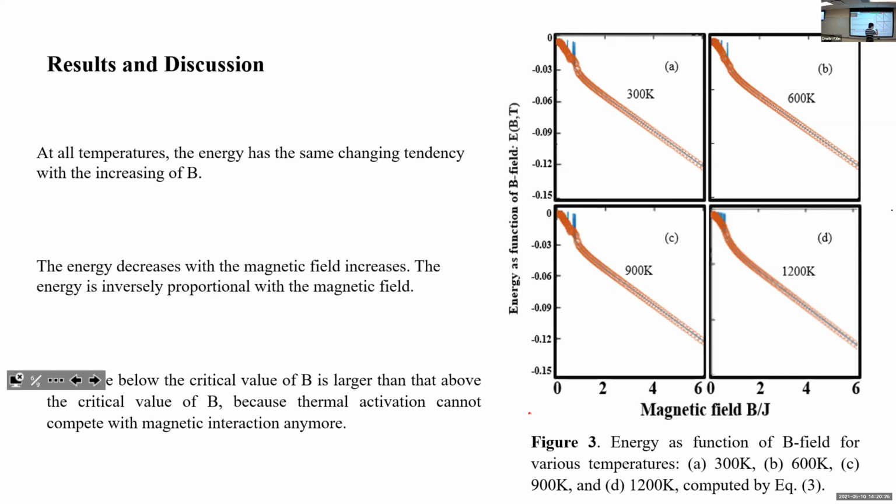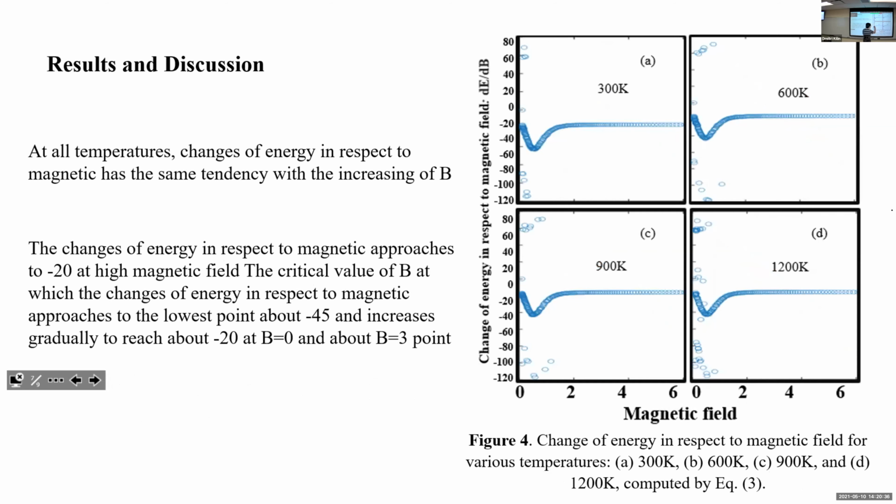Below the critical magnetic field, this value is larger than this one, and it corresponds to this part. Because it is a minus, so this one is below, and then it should go to -20 again.